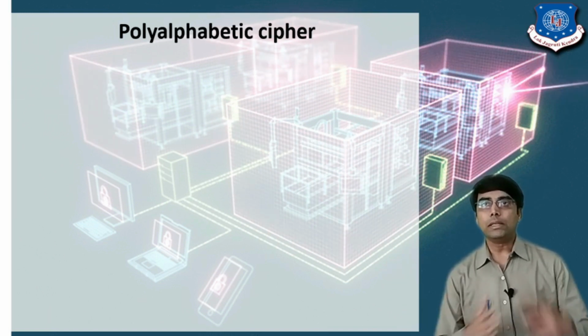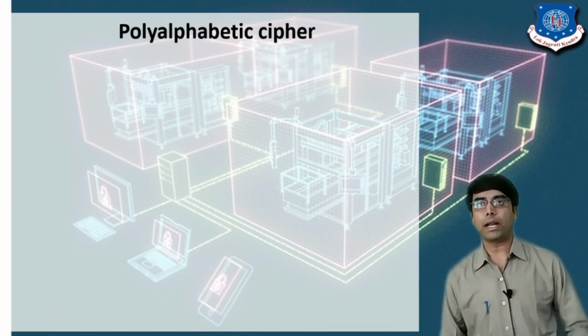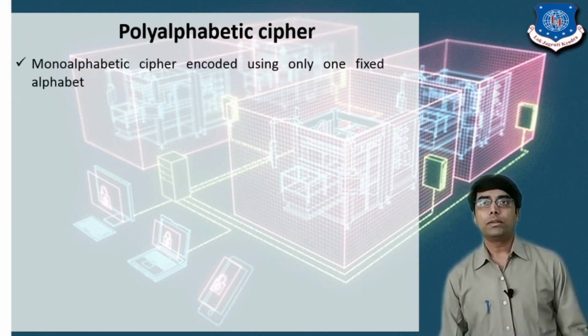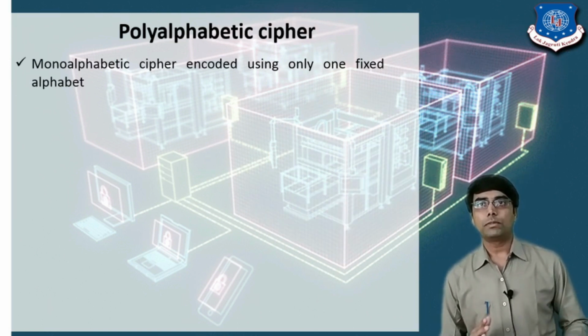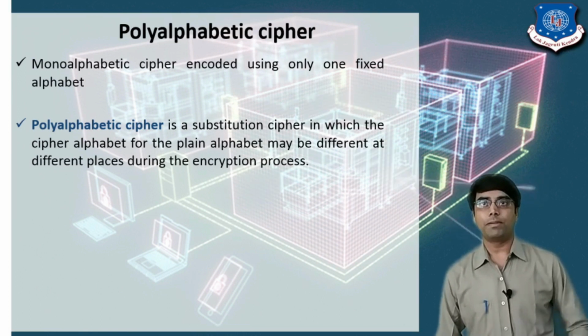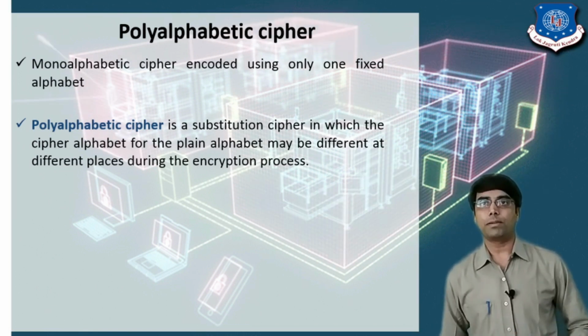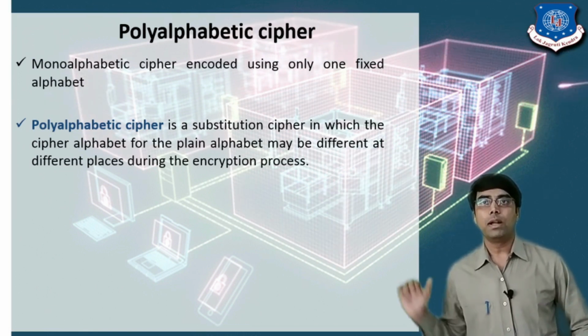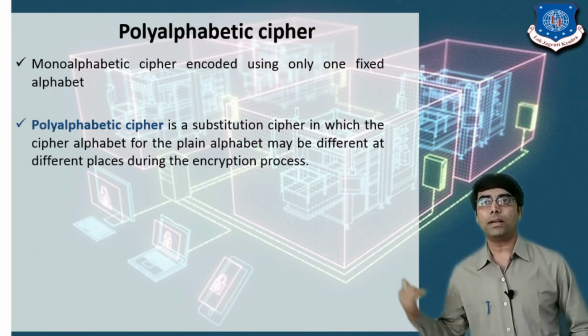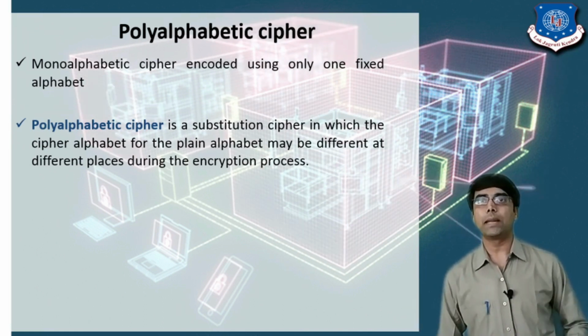We are going to see the second substitution technique, the polyalphabetic cipher. The polyalphabetic cipher is a substitution cipher, and here the cipher alphabet for a plain alphabet may be different at different places during the encryption process.